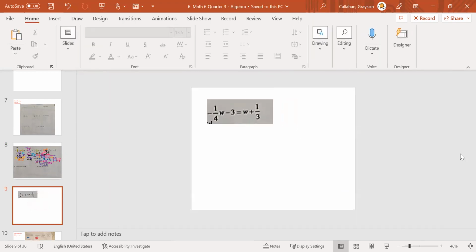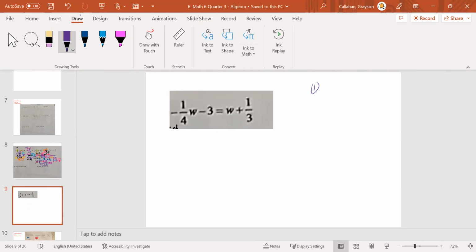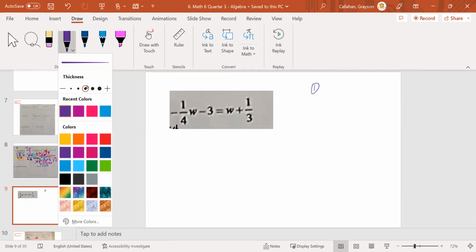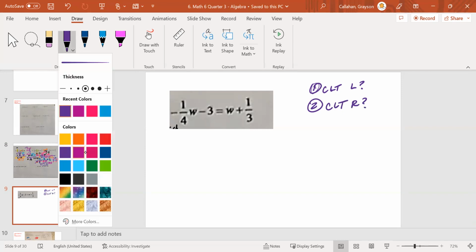Okay, so for number 24, step number 1, you want to ask yourself, can I combine like terms on the left side? Well, on the left side, there's only a w and number, so there's nothing for you to combine. Can you combine like terms on the right side? It's just w and a number, so you can't really combine anything there.